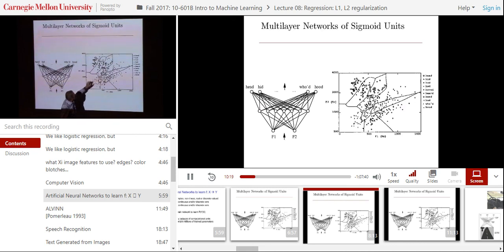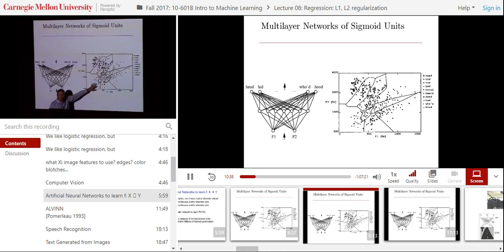So you can see, and each of these points, in fact, is a particular example. And you can see that these regions are not perfectly labeling every example, but by and large, they're getting it right.